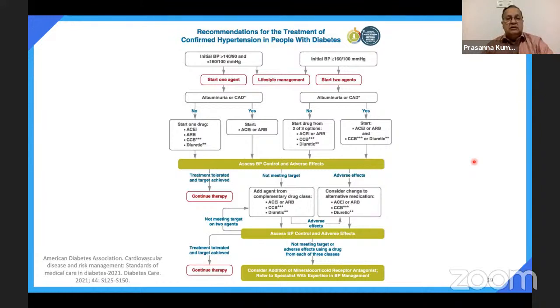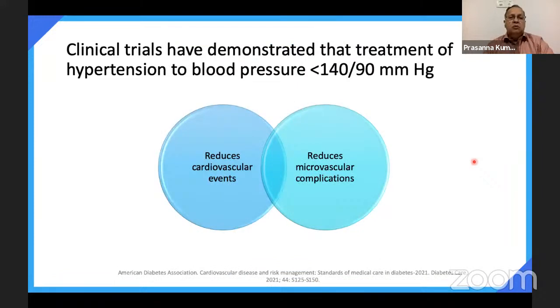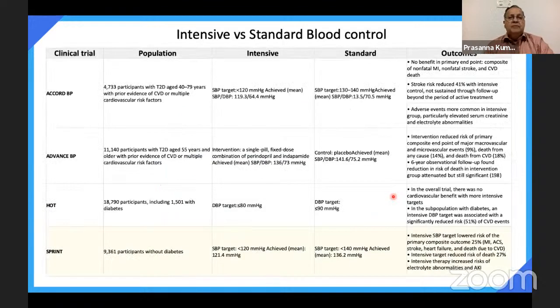So start with ACE or ARB because they are diabetic, then diuretic and calcium channel blockers are your second and third drugs of choice. Now, what is the evidence for it? Clinical trials have demonstrated that treatment of hypertension to blood pressure less than 140/90 reduces cardiovascular events and microvascular complications, and there is intensive versus standard blood pressure control.